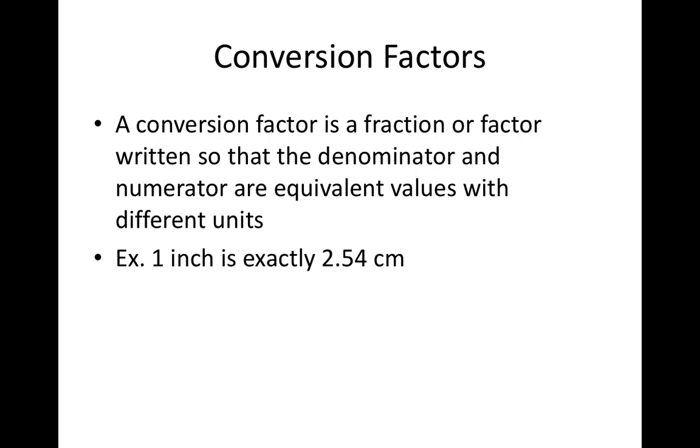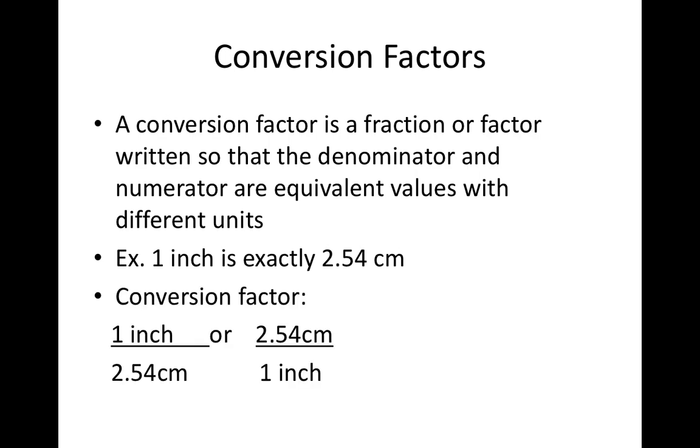These are imperial units used a long time ago, but we still use them in construction, or if someone asks your height, you would tell them in feet and inches. So we still have to know how to convert from these types of units to SI units. 1 inch is exactly 2.54 centimeters.